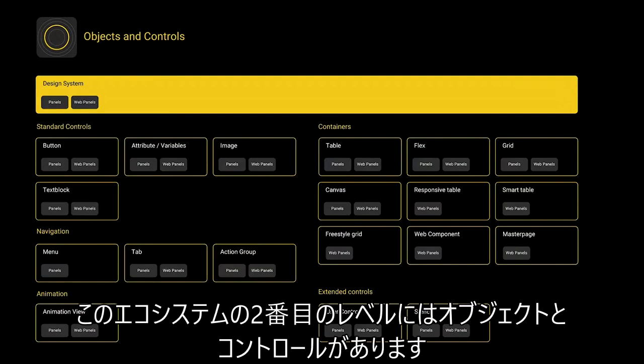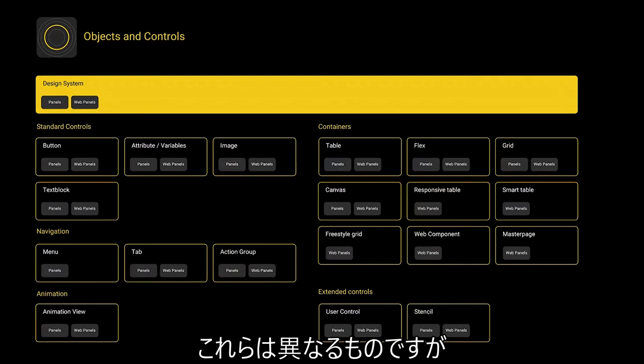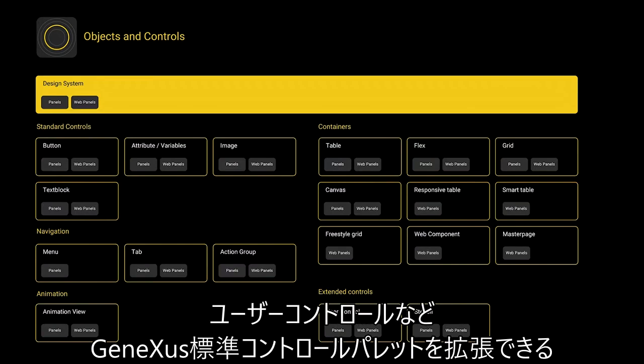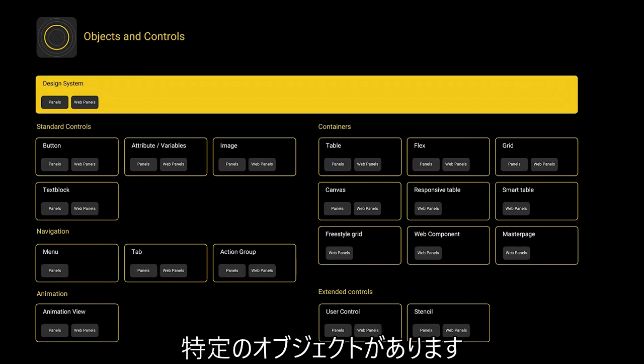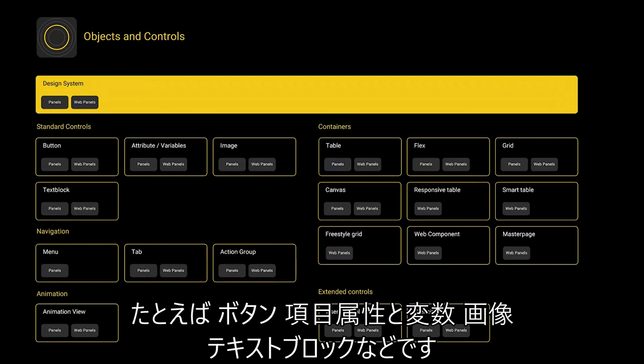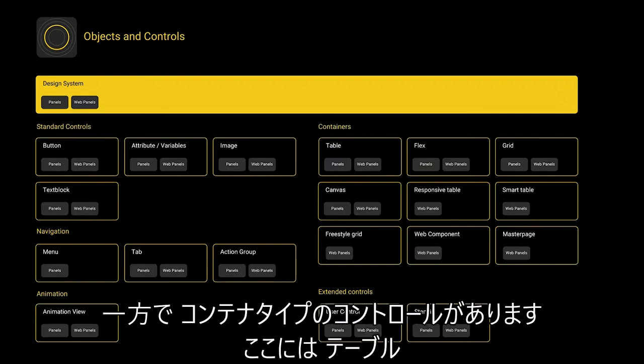In the next level of this ecosystem, you will find objects and controls. We decided to put them together because even though they are different things, they are somewhat related to each other. Some objects allow you to extend the standard control palette in GeneXus, such as user control. What you see here are standard controls, such as buttons, attributes, variables, images, or text blocks.